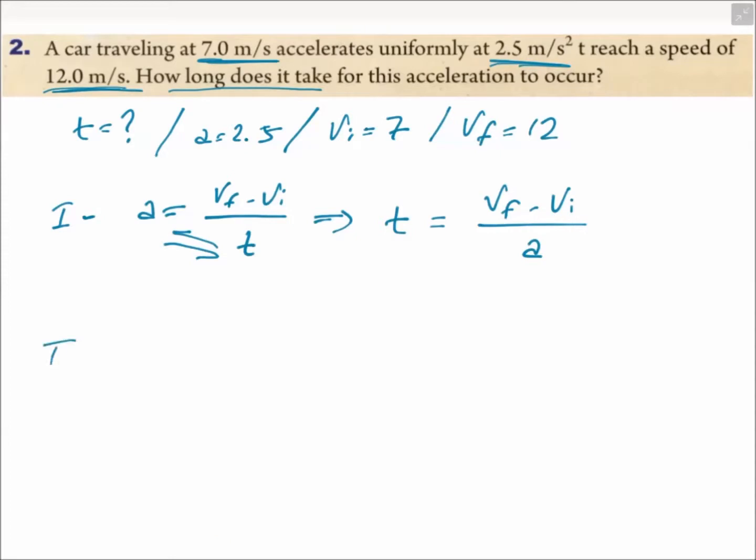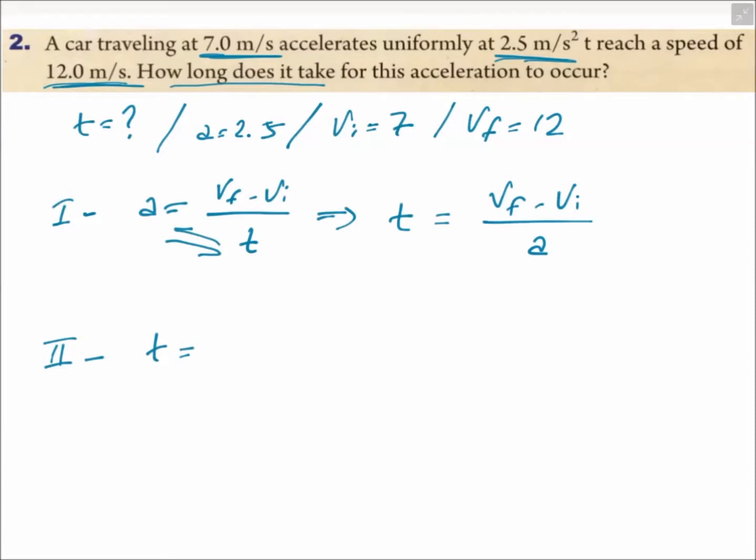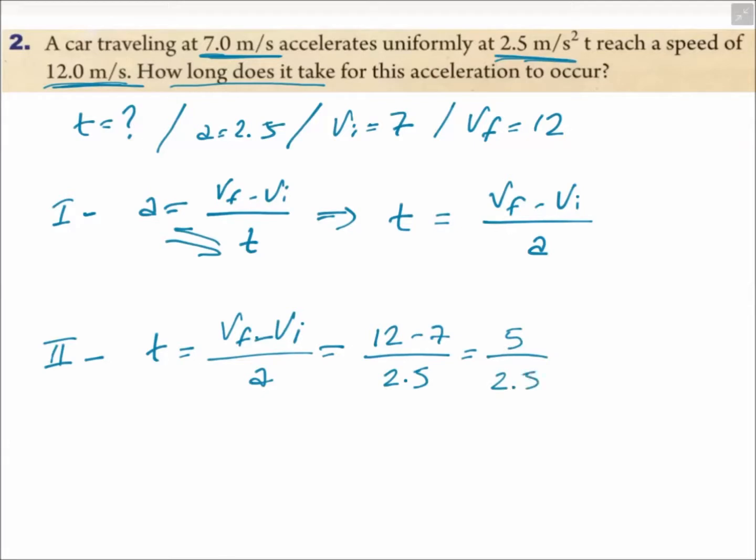And at the second step I'm going to substitute them. T equals V final minus V initial over acceleration. Final velocity is 12, initial velocity is 7, over acceleration 2.5. It's going to be 5 over 2.5. That means the answer is 2 seconds.